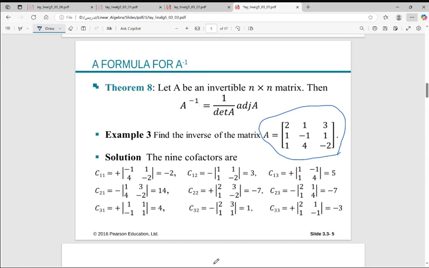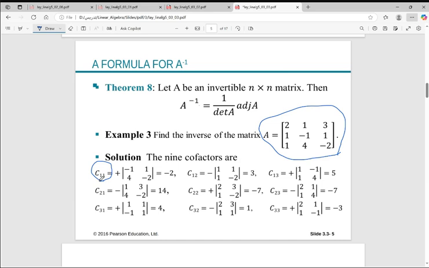So to compute the cofactor matrix, we need to compute C11, C12, C13, C21, C22, C23, C31, C32, C33. Right? Okay. So what is C11? You tell me, what is the formula for C11?